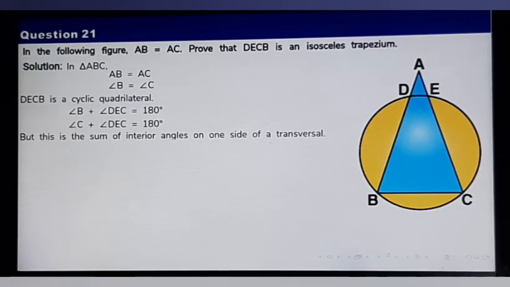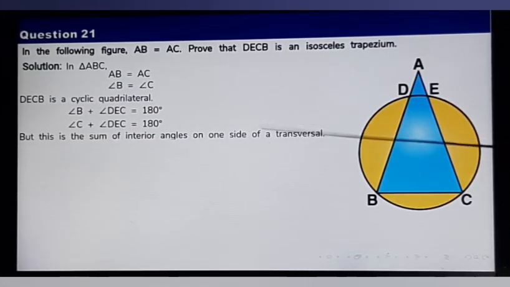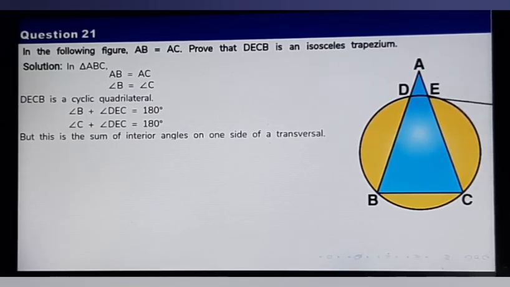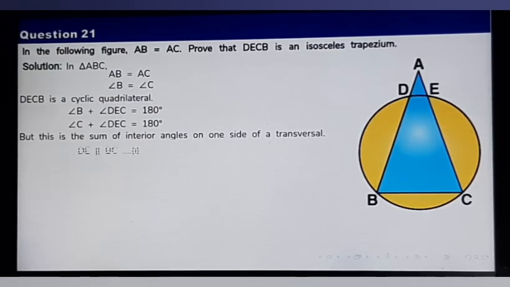One thing we have already shown, and we conclude that DECB is a trapezium.